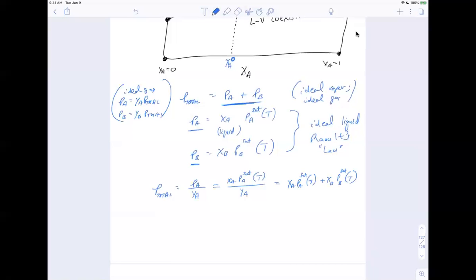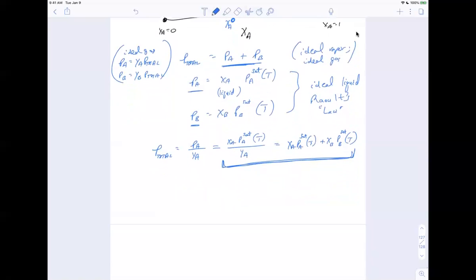And so now we have these two relations right here. This is part of our discussion of the total pressure. Again, this is all total pressure.